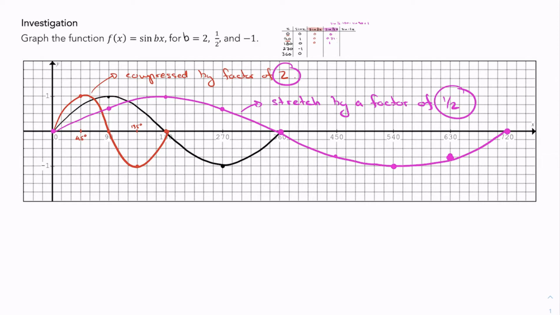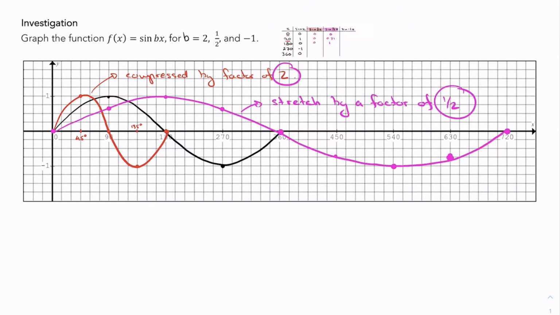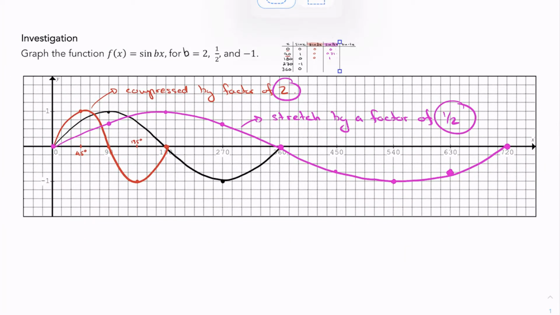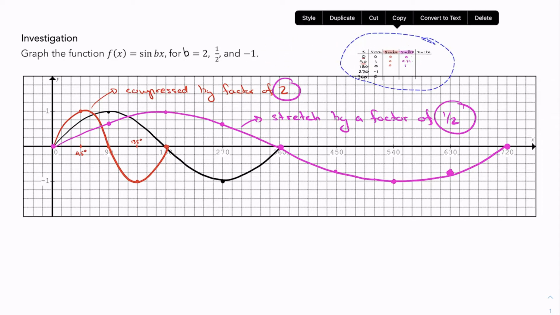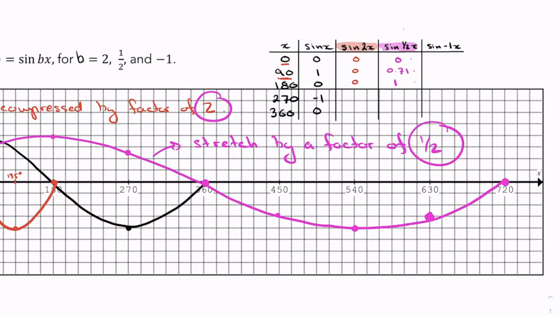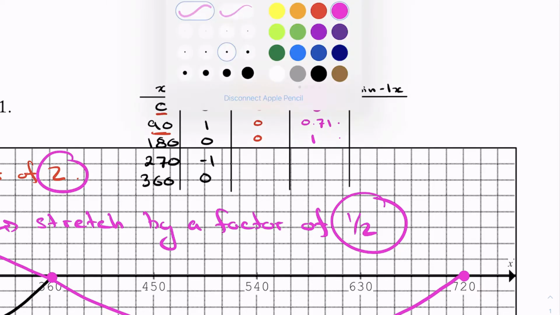Finally, we're going to look at what happens when we multiply the x value by negative 1. And I'm going to go back to my table here. Open this up a little bit. Bring this over here. So we have negative 1x. Let me use a different color.